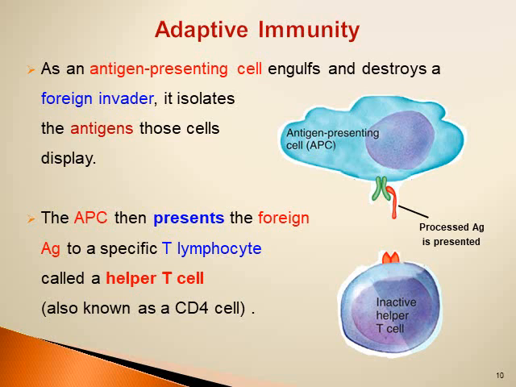After the digestion of the microbe or the foreign invader inside the antigen-presenting cells, the antigens of those microbes will be presented on the surface of the antigen-presenting cells, and these antigens are presented to special types of lymphocytes called the helper T cells. As I said, they are also known as the CD4 cells.